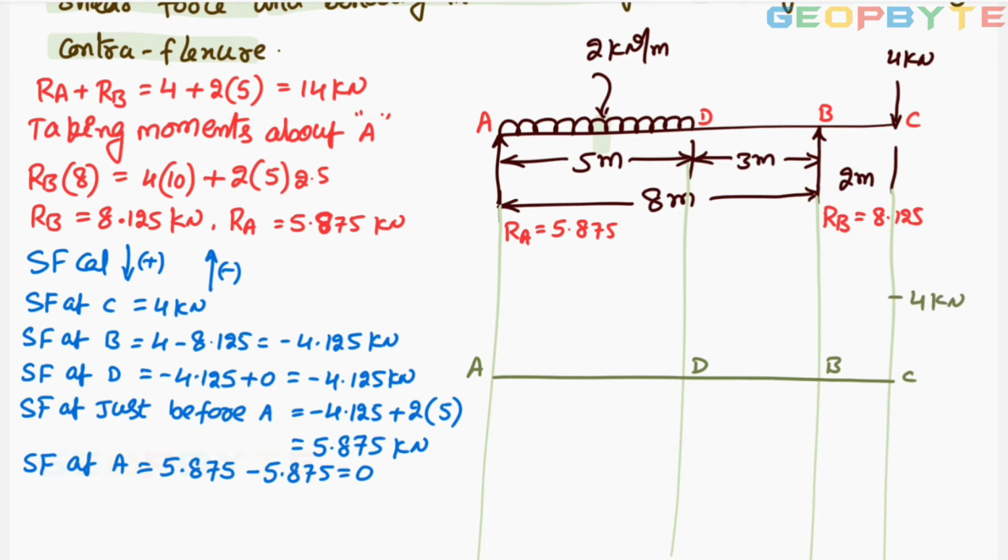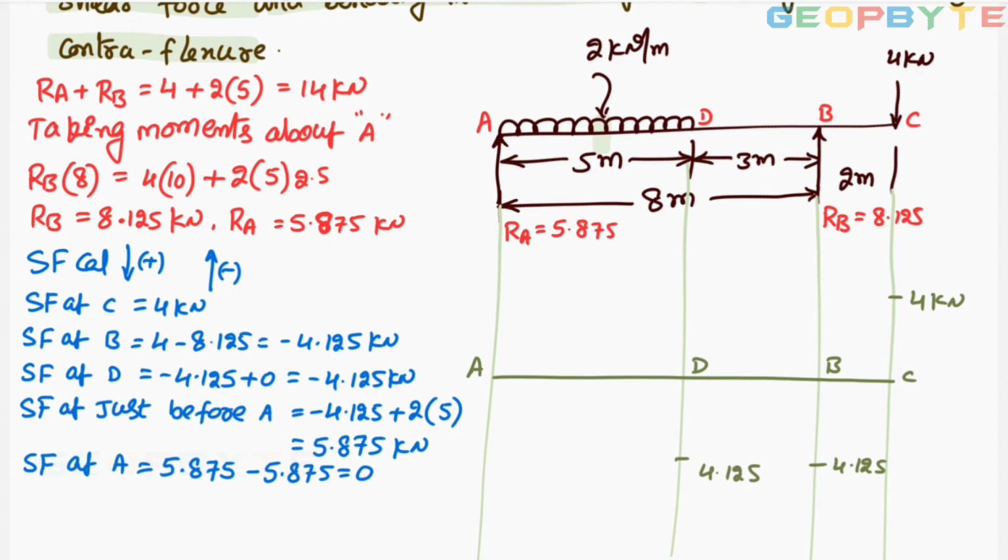Shear force at B is minus 4.125. Shear force just before A, of course at D also, is the same, 4.125.